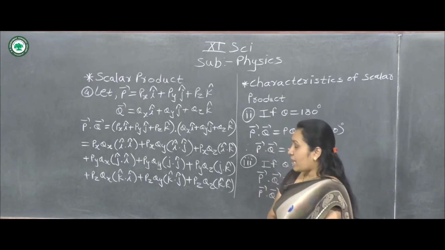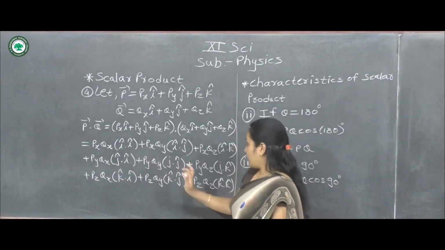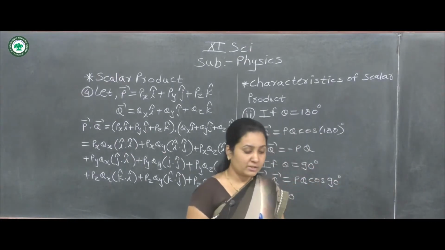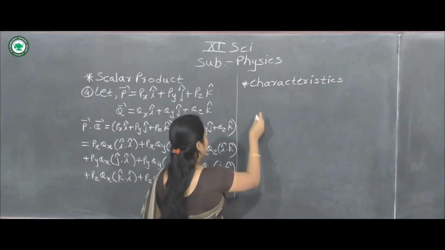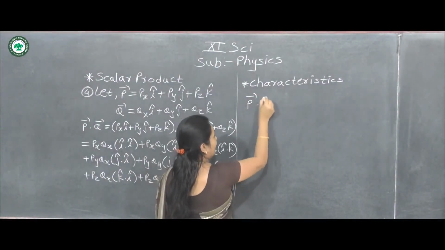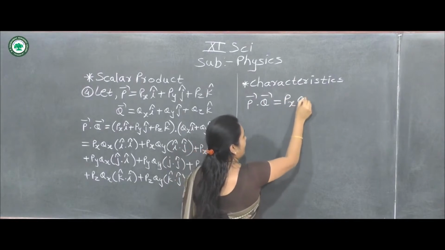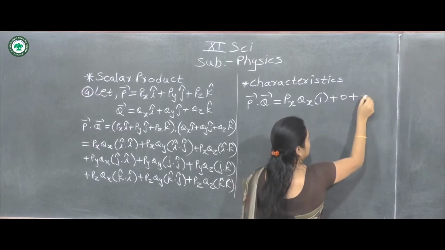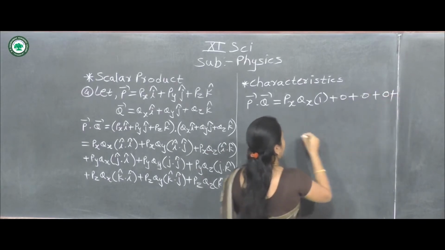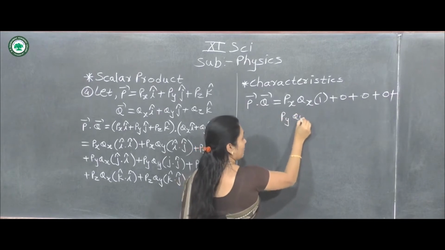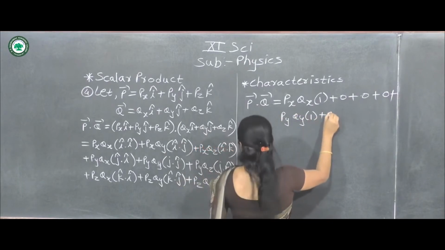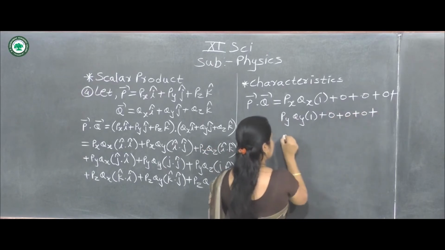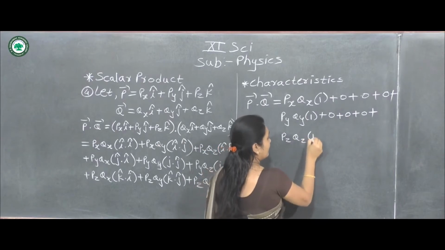So we can write p bar dot q bar equal to Px Qx in bracket 1 plus 0 plus 0, plus Py Qy in bracket 1 plus 0 plus 0, plus Pz Qz in bracket 1.